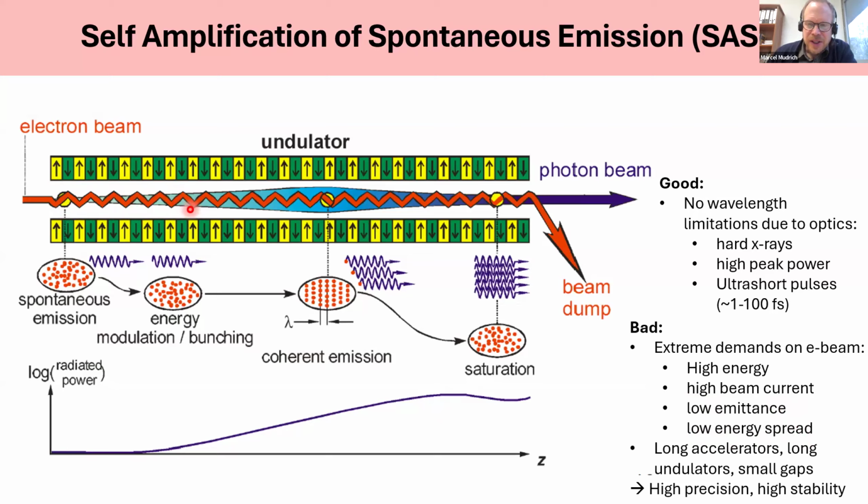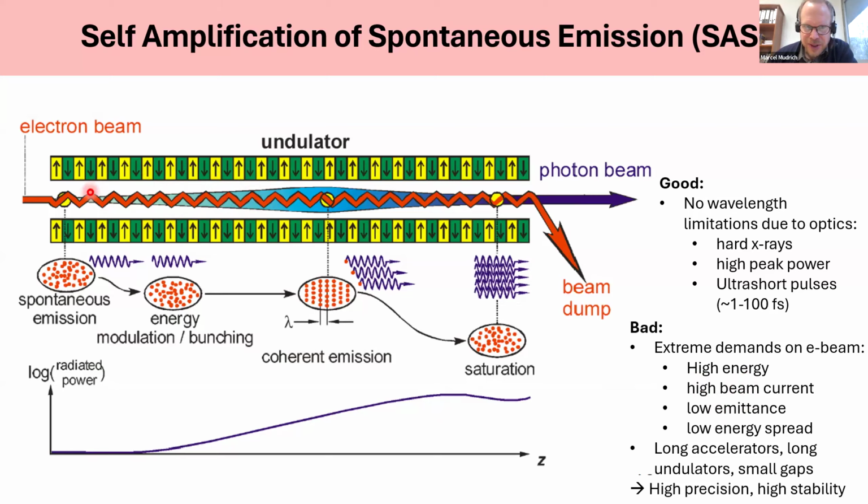At intensity levels typically reached in synchrotrons, in these storage ring devices, the intensity of the undulator radiation is orders of magnitude below what would be needed to have any influence on the bunch structure of the electrons. So we need very high intensity undulator radiation to have any chance to get into this regime of the radiation having a back action on the electron bunches.